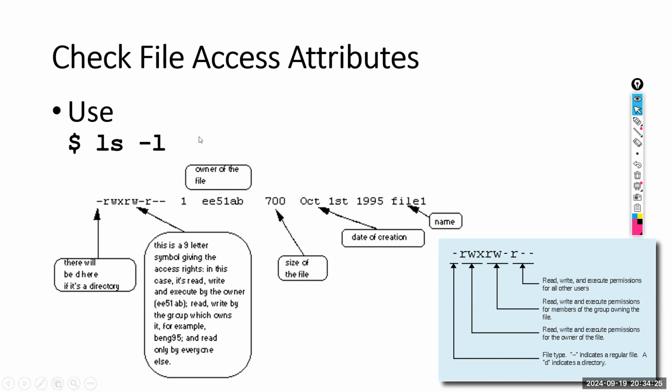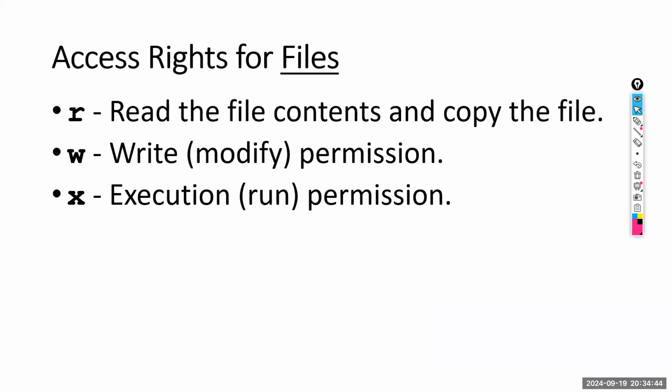Now let's see the file security, because I told you that every file and directory has 3 levels of security: file owner, owner's group, others. Right. So what are the 3 levels of access?